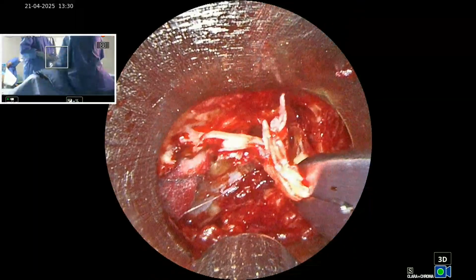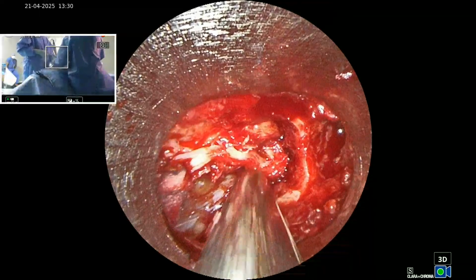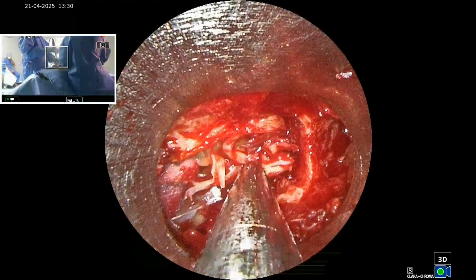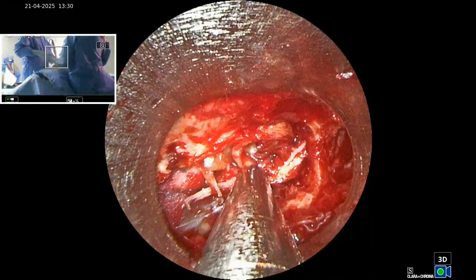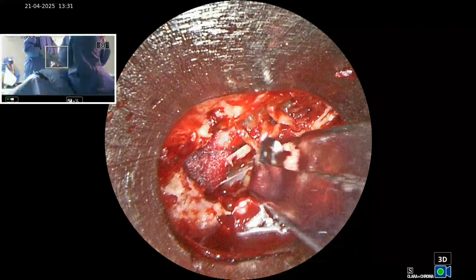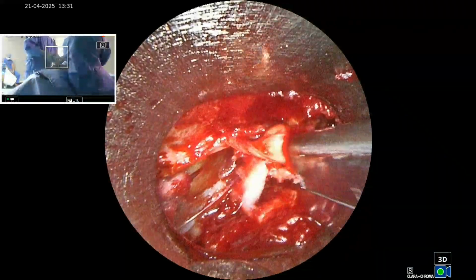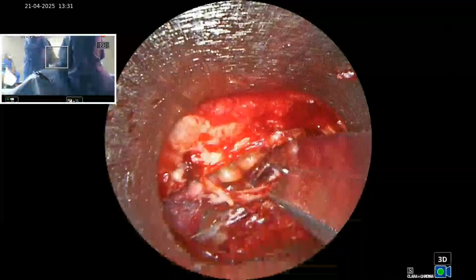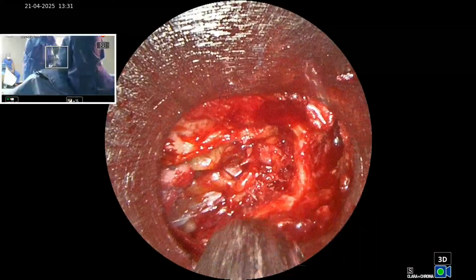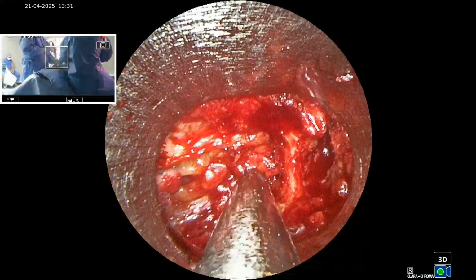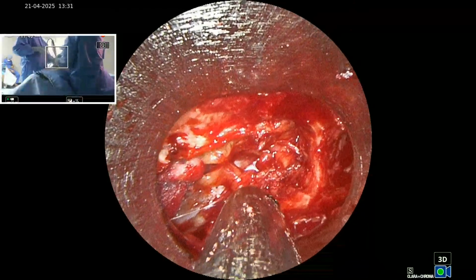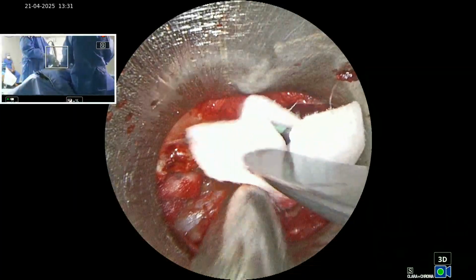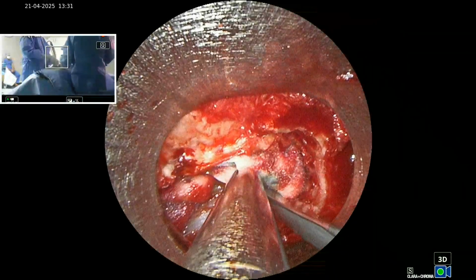Not completely detached from the cranial aspect, from the superior lamina, 45. Now we put a patty to protect our dura and to see the level where we are.